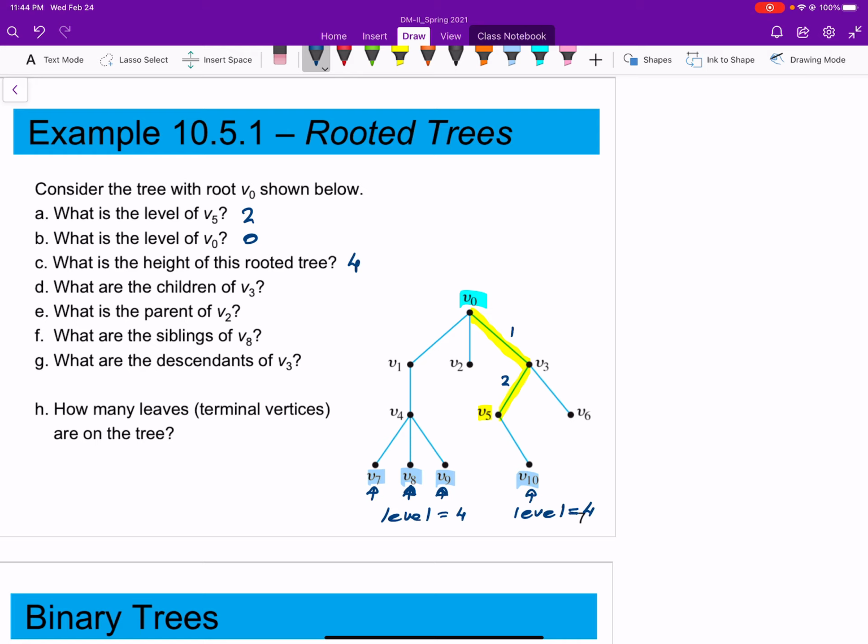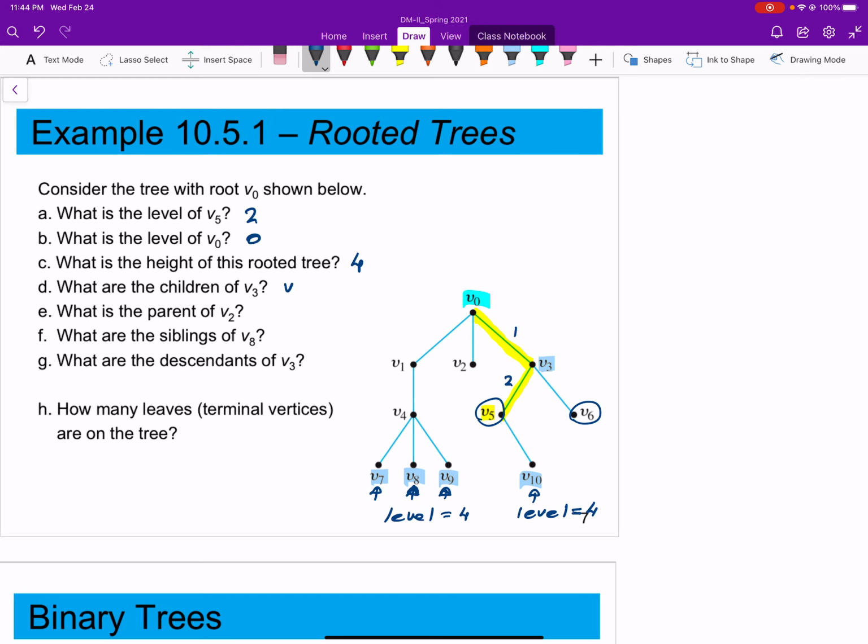What are the children of V3? Just find V3. All right. So the children of V3 are this and that. Children are V5 and V6.